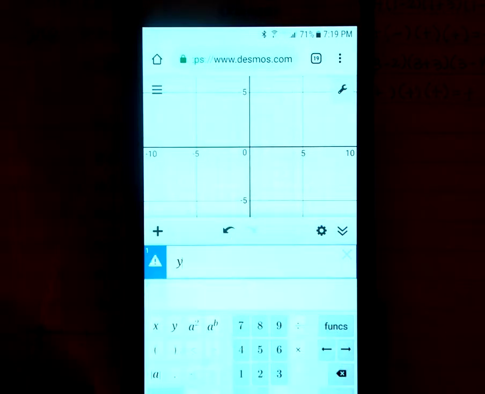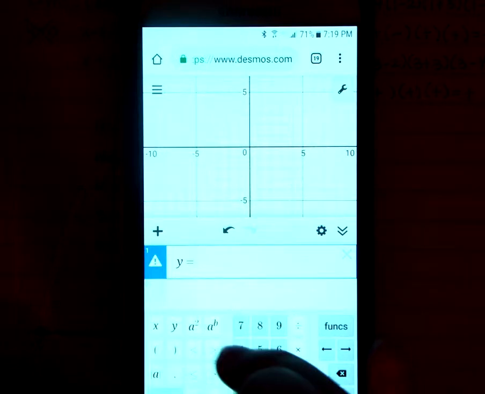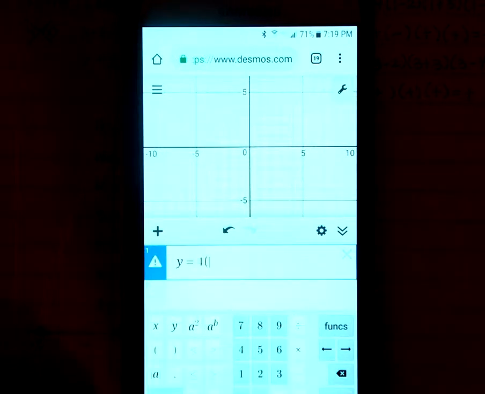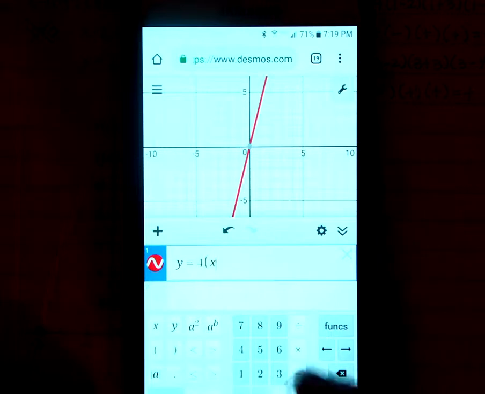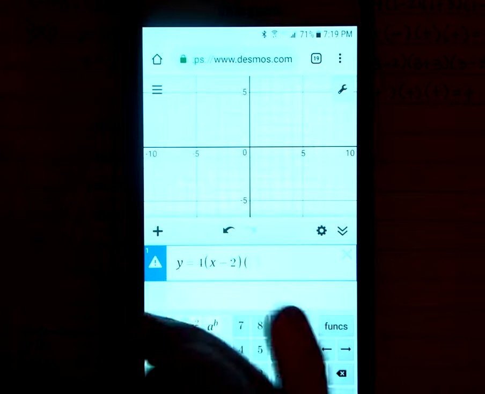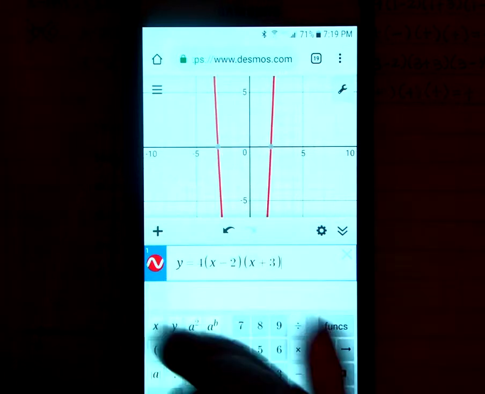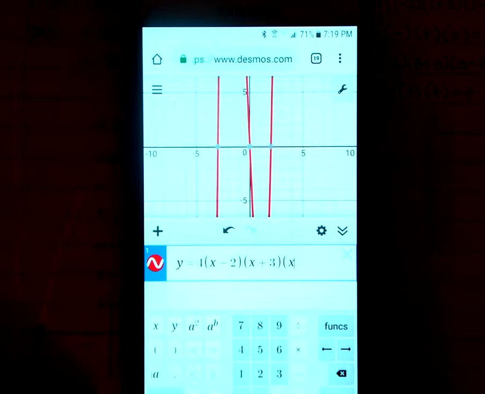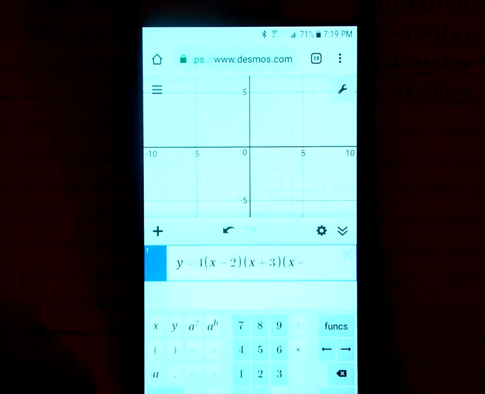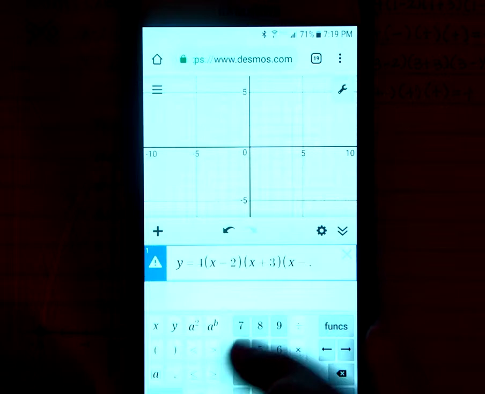So y equals, we had a 4 times an x minus 2 times an x plus 3, and then times an x minus a half. And I'm just going to type in 0.5 for my half.